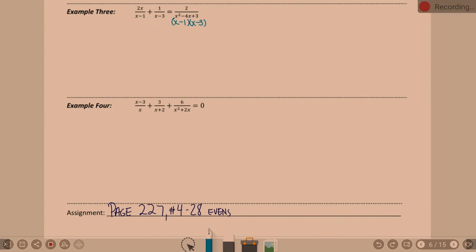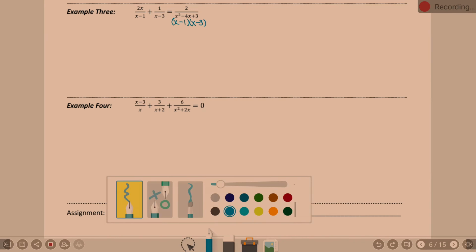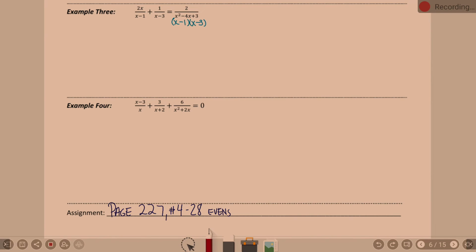Okay? So with that in mind, in the last 2 problems, we have multiplied by a common denominator, essentially. Basically, I've said, okay, what's the denominator? And multiply by it. In this case, I had a denominator of x minus 1. I had a denominator of x minus 3. My other denominator is x minus 1 times x minus 3. So basically come up with what would be a common denominator.